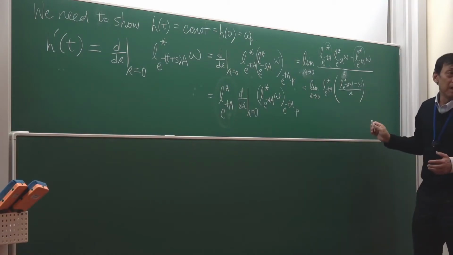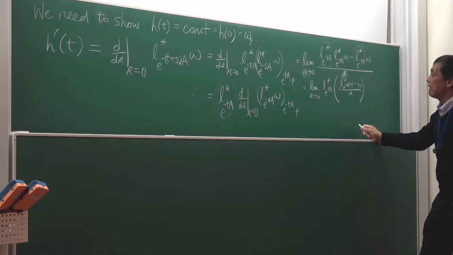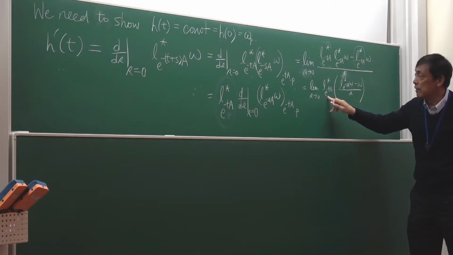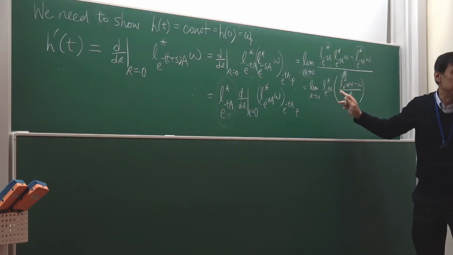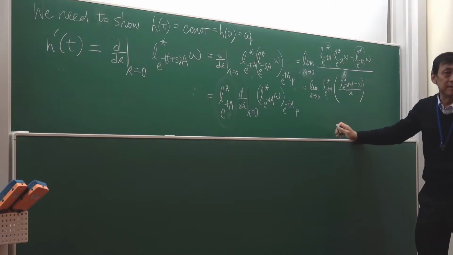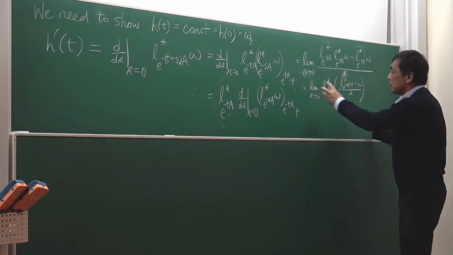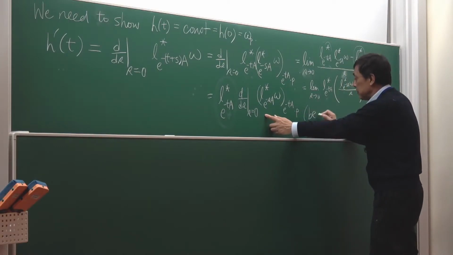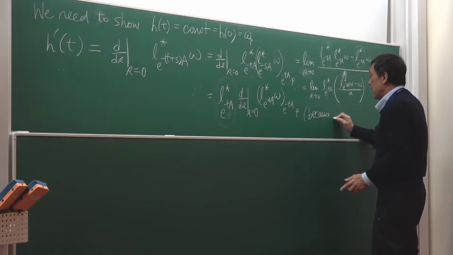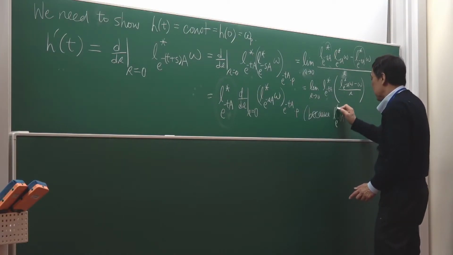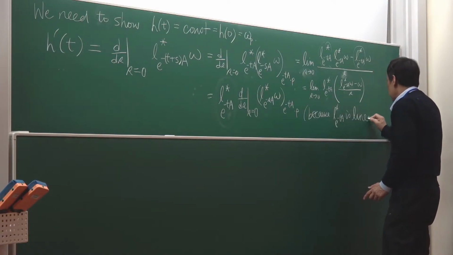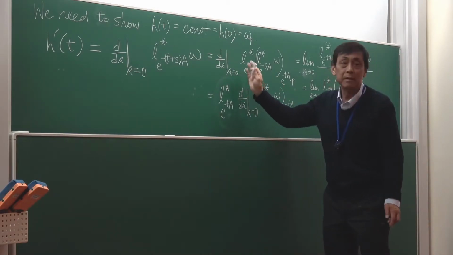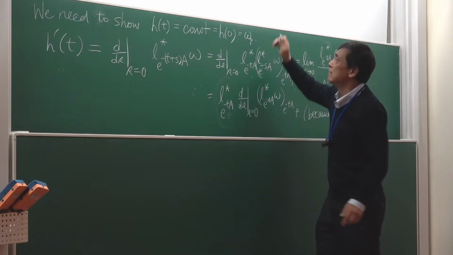For a linear function, you can interchange the two, because a linear function is continuous. So the limit comes inside and you get this. This is because L e to the minus t a star is linear. So if you have a linear map, it commutes with the derivative.